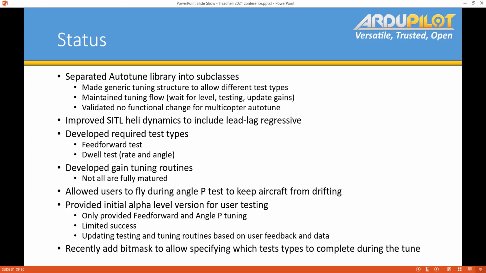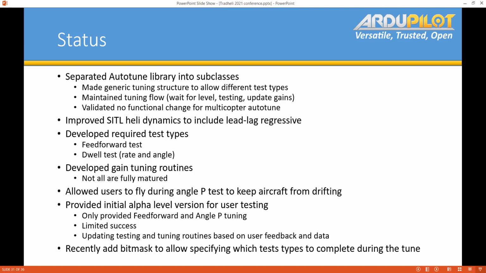I've developed a required test type, so I've fine-tuned my feed-forward test, the dwell test for both rate and angle. That's doing well and does a good job. And the developing of the gain tuning routines is where they're still a work in progress.